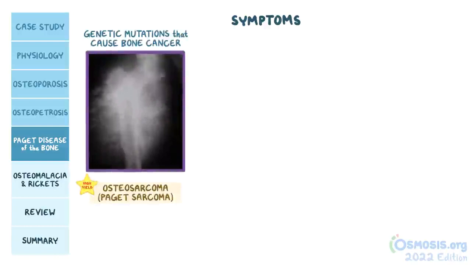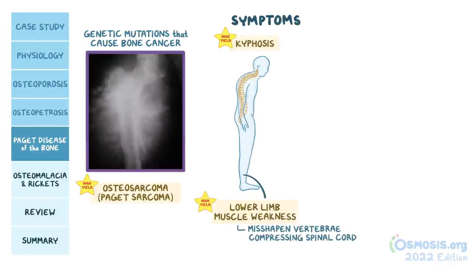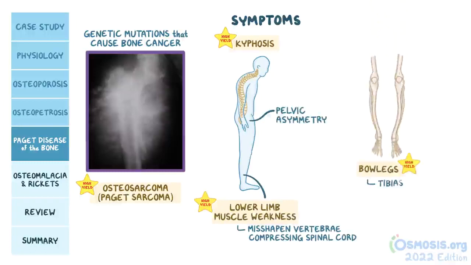Other bony deformities from Paget disease of bone include kyphosis, which is an excessive curvature of the spine, making a person face down to the ground, lower limb muscle weakness from misshapen vertebrae compressing the spinal cord, and pelvic asymmetry. It can even lead to bow legs if the tibias and femurs get too weak to support the person's weight and begin to bend over time.